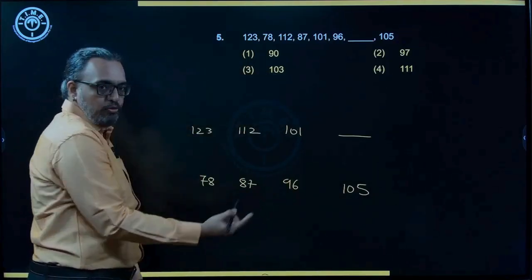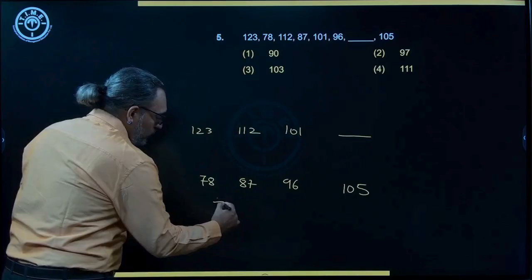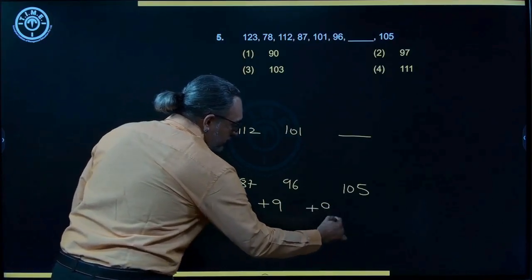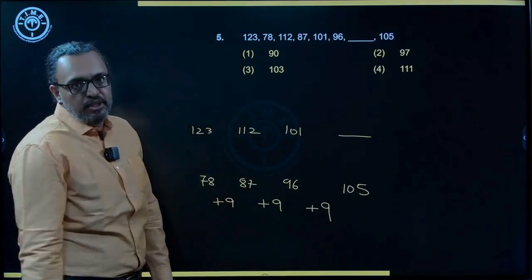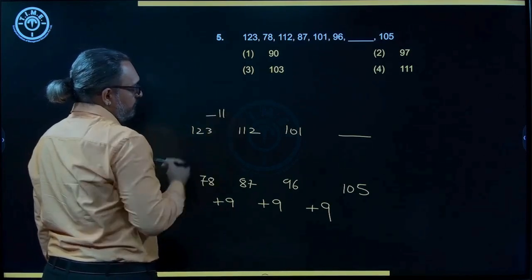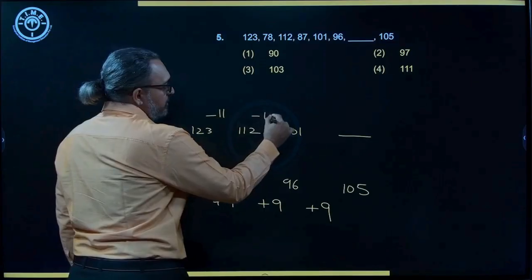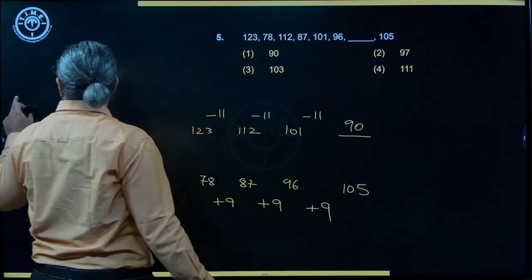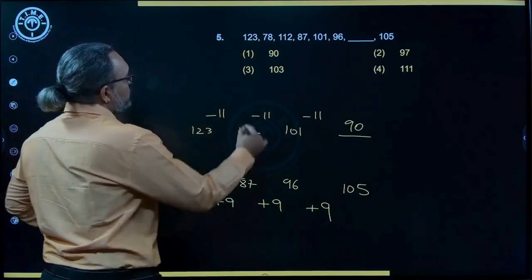Now if you look at the below one, now this is how much? This is plus 9. Again this is plus 9. Again this is plus 9. Consecutive plus 9s. Now here this is minus 11. Here again minus 11. So again here minus 11, I should get 90. And we do have 90 in one of your options, that is choice 1.